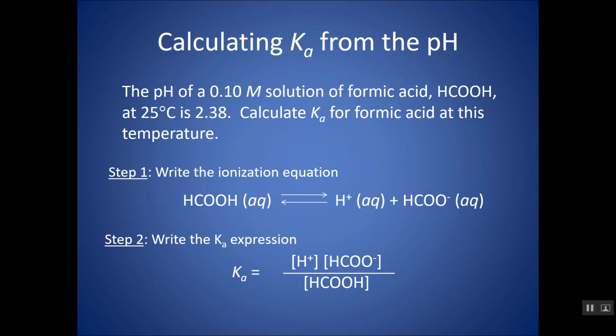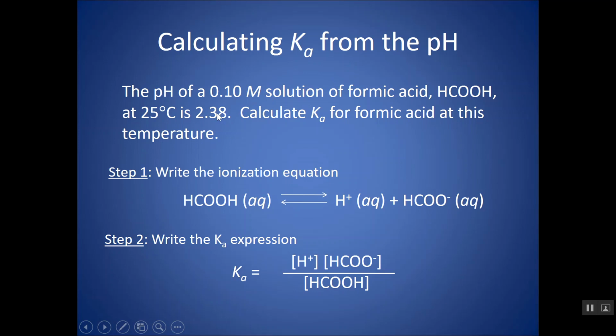Now I can write a Ka. Eventually, I'm probably going to be plugging into this to solve for the Ka that they're asking me for, but I need the concentration of all of these things at equilibrium. So how can I go about doing this? They give me the initial concentration of formic acid, and they give me the pH.